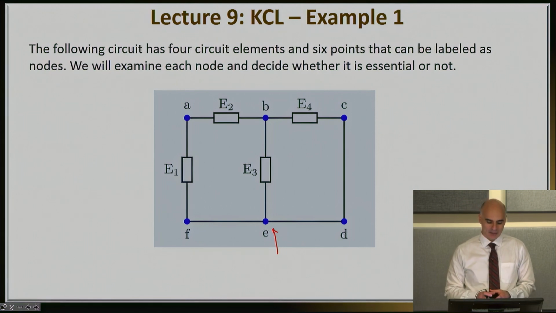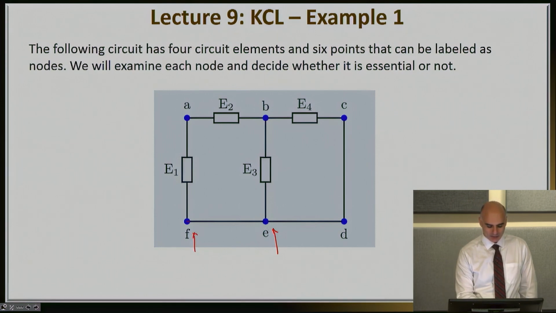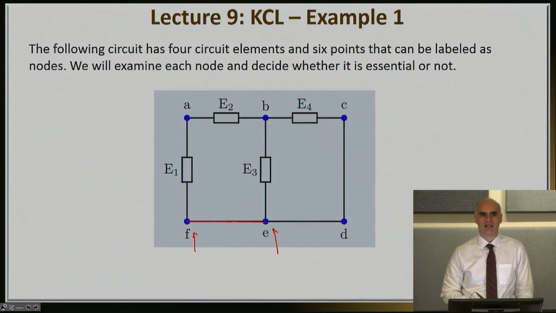I also want to remind you that really nodes E and F are exactly the same. Why? Because they're connected with a short circuit. I just highlighted this with red. So once again, it doesn't matter that they are not physically placed on a piece of paper or on the slide at exactly the same physical point.